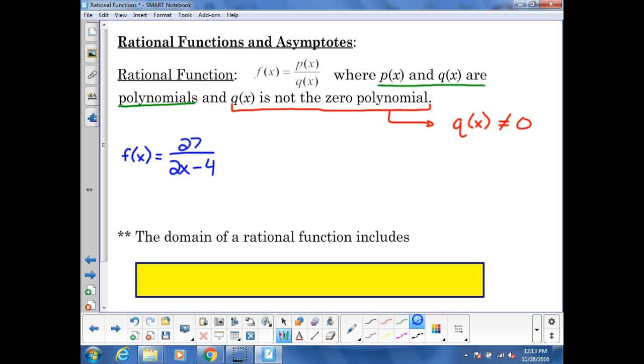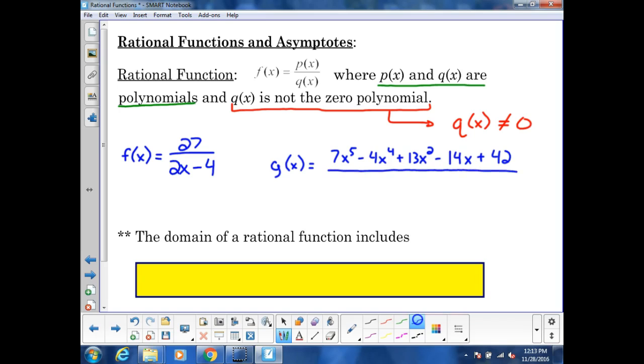Now, we could get much more complicated, right? Let's go, g of x is equal to 7x to the 5th minus 4x to the 4th plus 13x squared minus 14x plus 42. My fingers are going faster than my mouth is going.